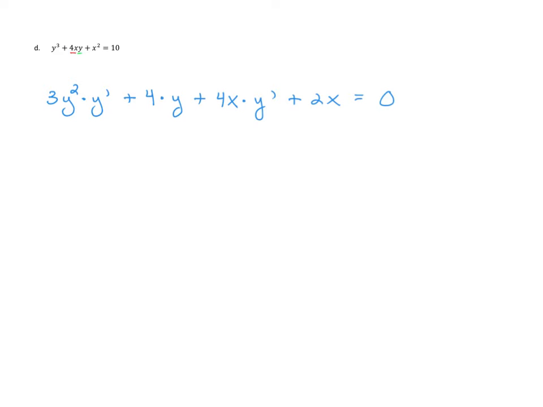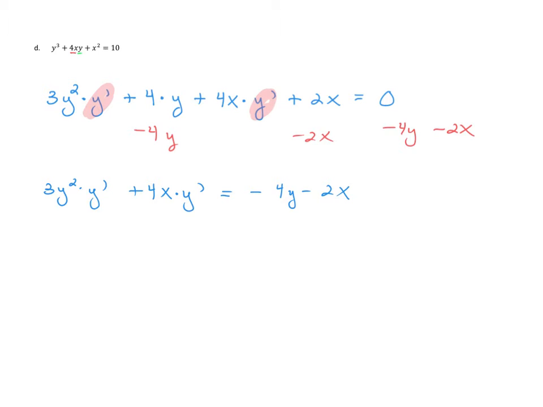My goal is to solve for y prime, and here I actually have a couple of them. I want to leave those two terms on the left side of the equation, but I'm going to subtract 4y and 2x from both sides of my equation. I get 3y squared times y prime plus 4x times y prime is equal to negative, doesn't matter the order, but I'll put minus 4y minus 2x.